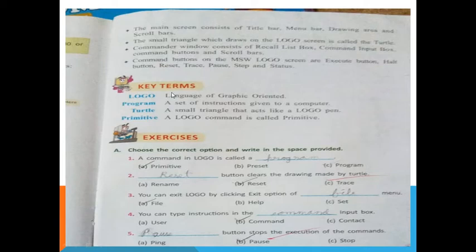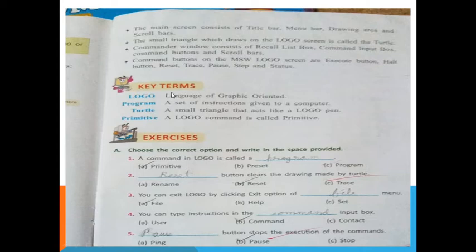The third point is the main screen consists of the title bar, menu bar, drawing area, and scroll bar. The small triangle which is drawn on the Logo screen is called the turtle.